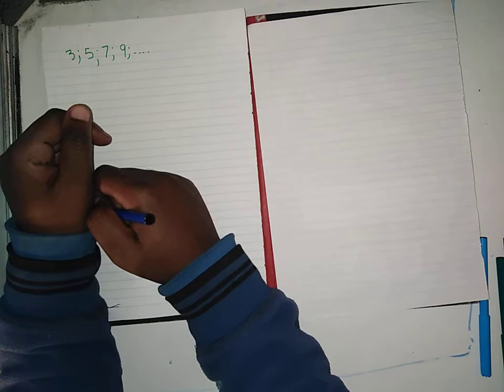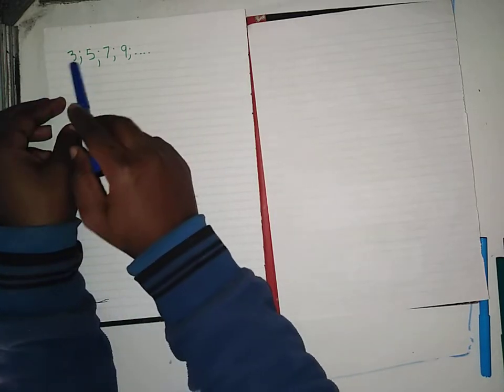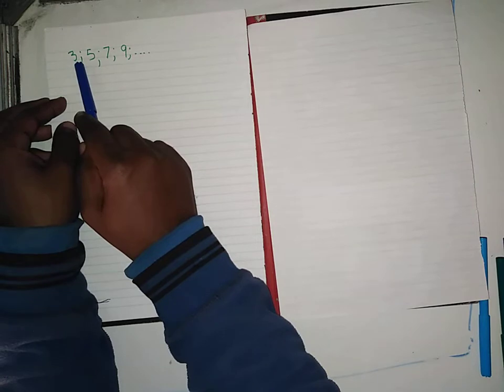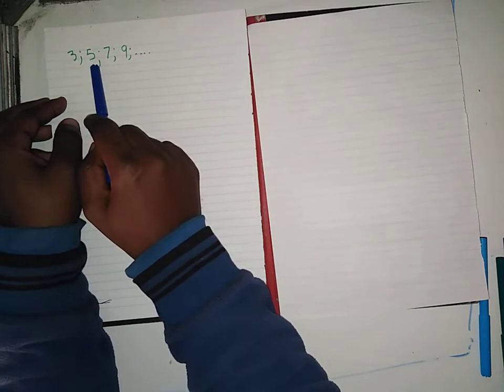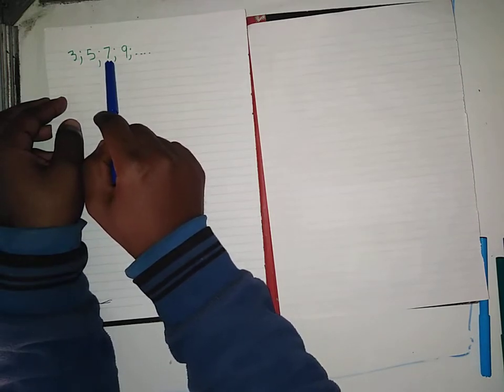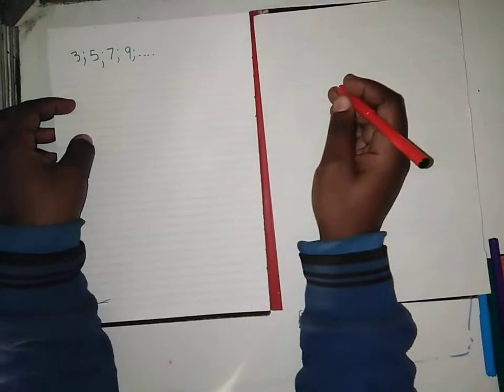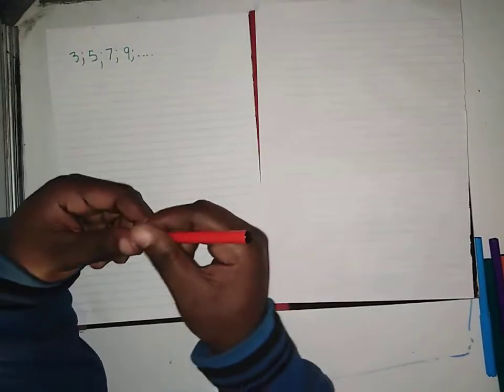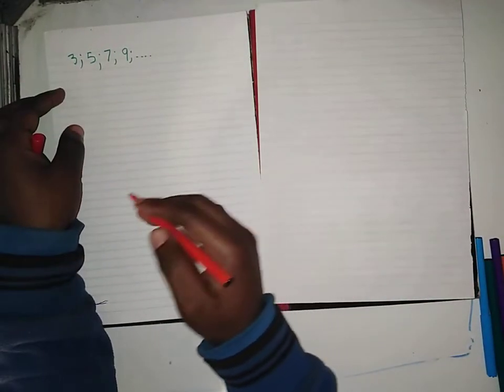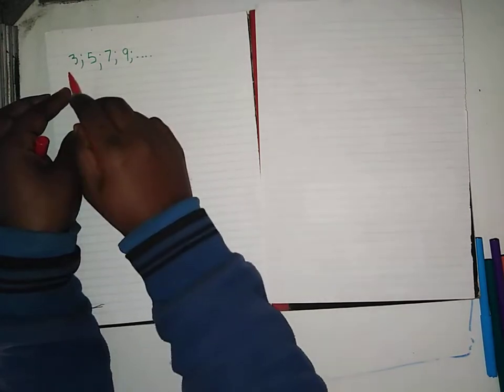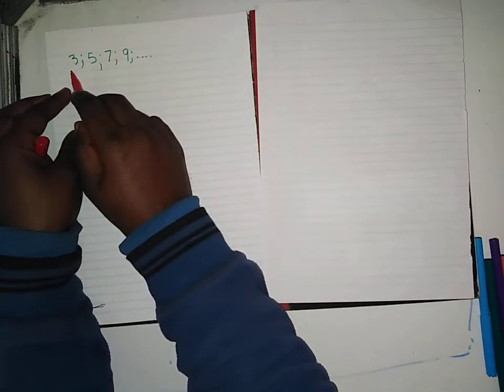So for example, in this particular case, you've got 3 followed by 5, followed by 7, and followed by 9. We said this is a list. Because it is a list, you will have a first term, which in this case is 3.